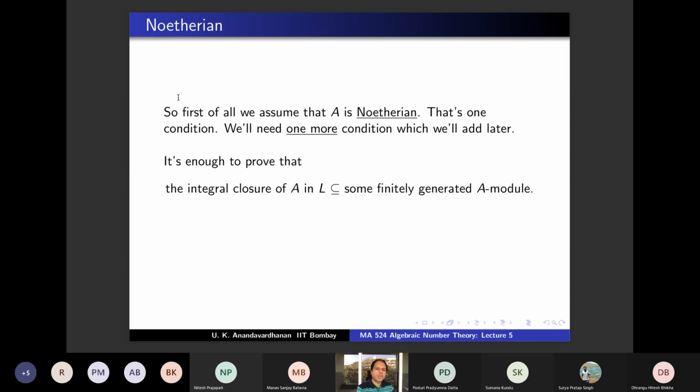If this is proved, can you finish the proof? Is that enough to show that the left hand side is finitely generated? I'm saying it is, answer is yes. So can you give the proof?